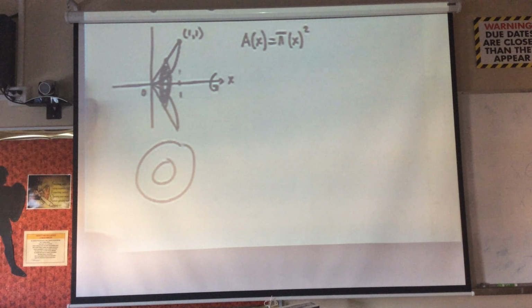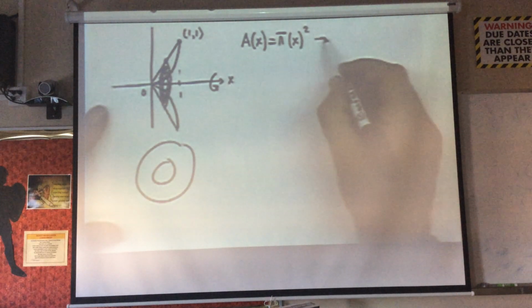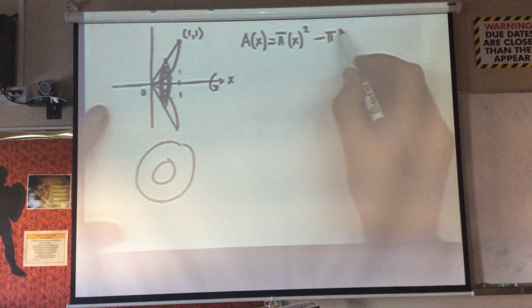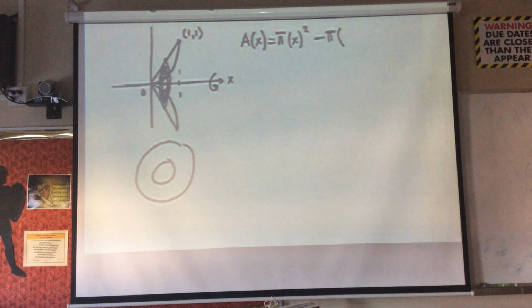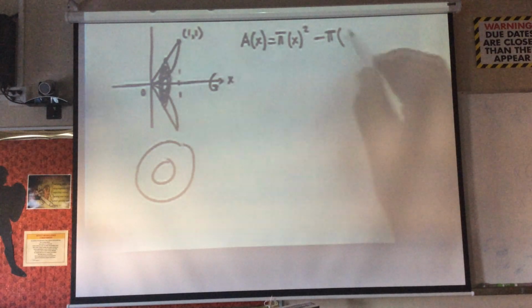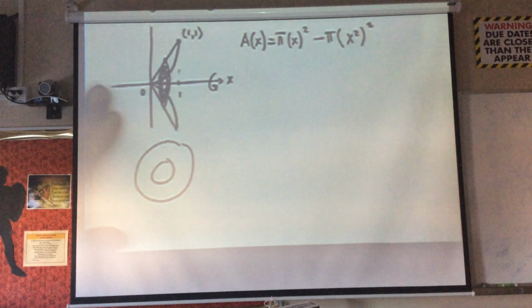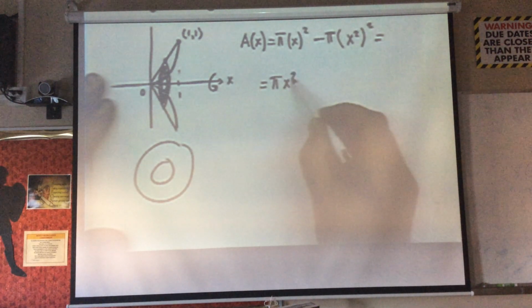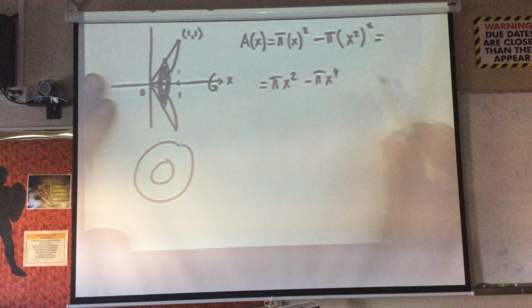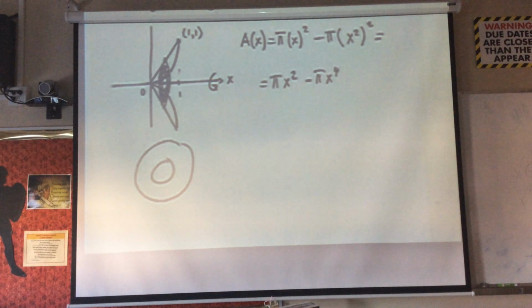So this is the area of the larger circle, minus the area of the smaller. So what's the radius for the smaller? It will be x squared. So you get x squared and squared. Well, if you do this, you get pi x squared minus pi x to the 4th. And this is here the function that you have to work with.